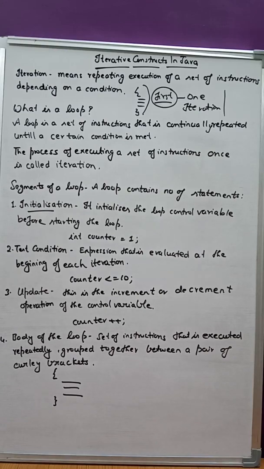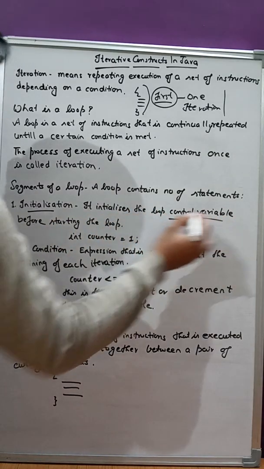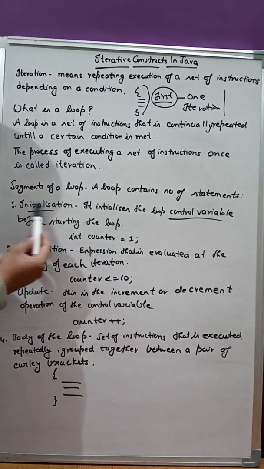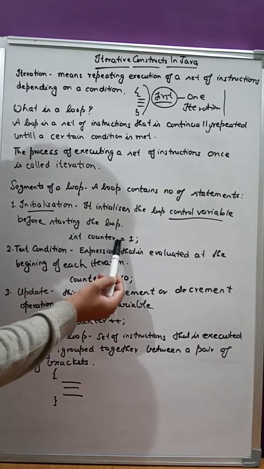In a similar way, when you are starting a loop, before that you will provide a value for the control variable. The control variable is the variable which controls the running of the loop. For example, for initialization, int counter = 1.